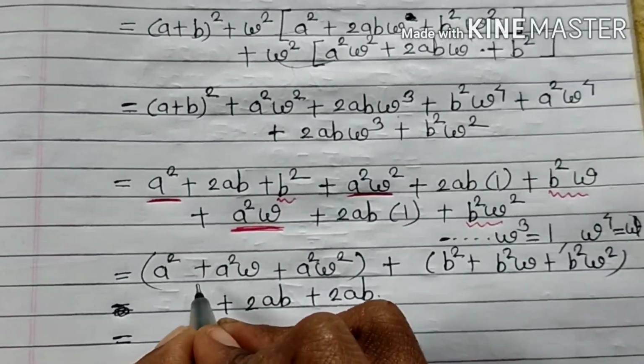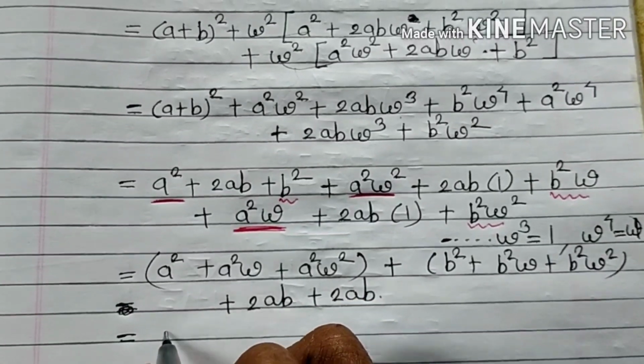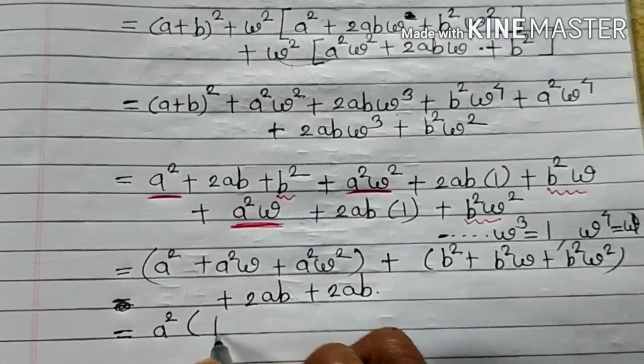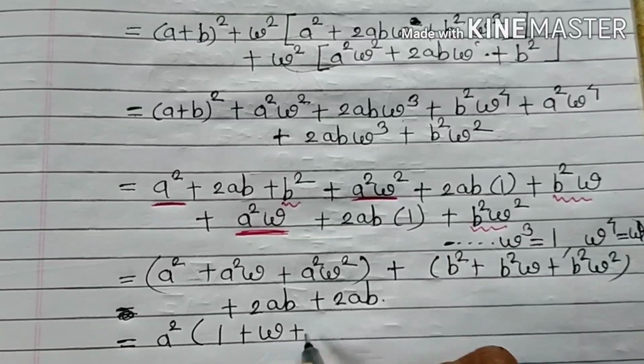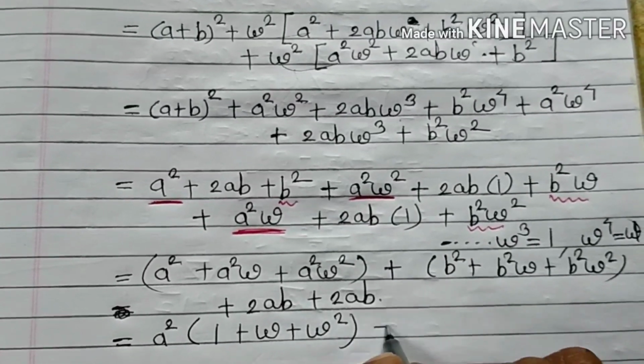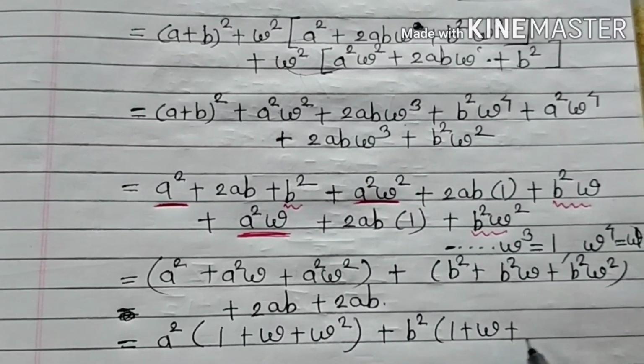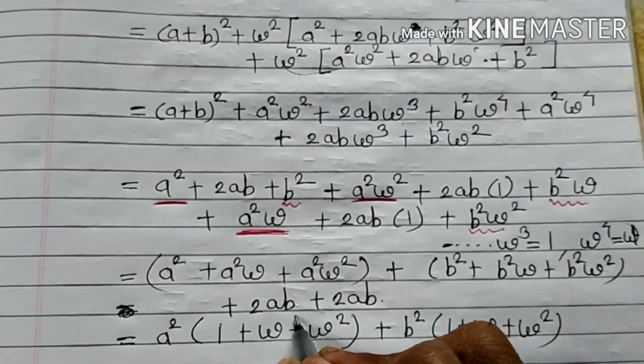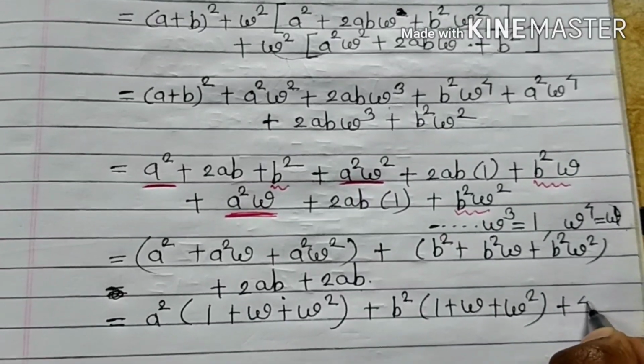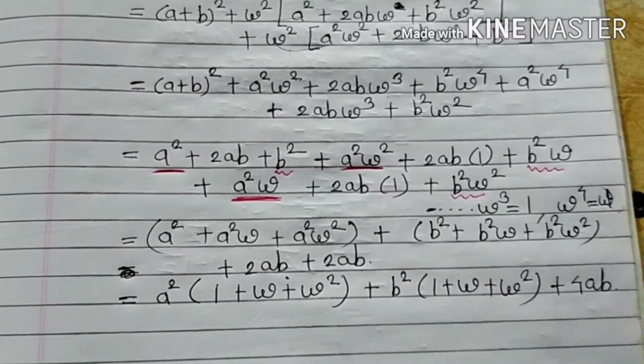Now take a square common, so a square (1 plus omega plus omega square) plus take b square common, so here (1 plus omega plus omega square), and 2ab plus 2ab, which is equal to 4ab.